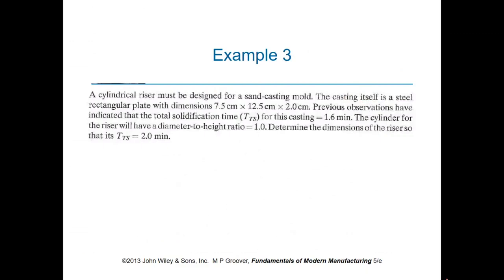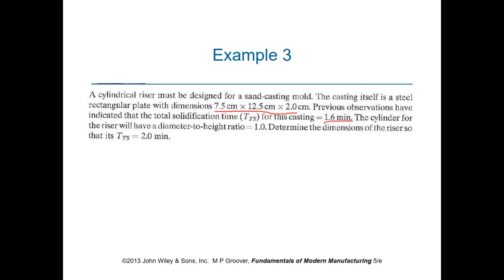A cylindrical riser must be designed for a sand casting mold. This casting itself is a steel rectangular plate with dimensions as given. These are the dimensions of the rectangular casting. Previous observations have indicated that the total solidification time, or TTS, for this casting is this much.